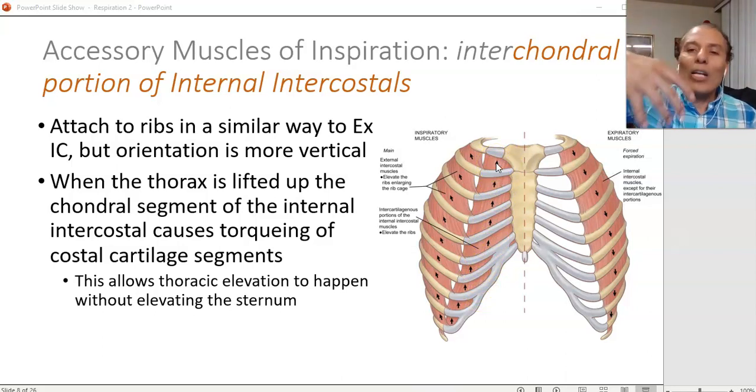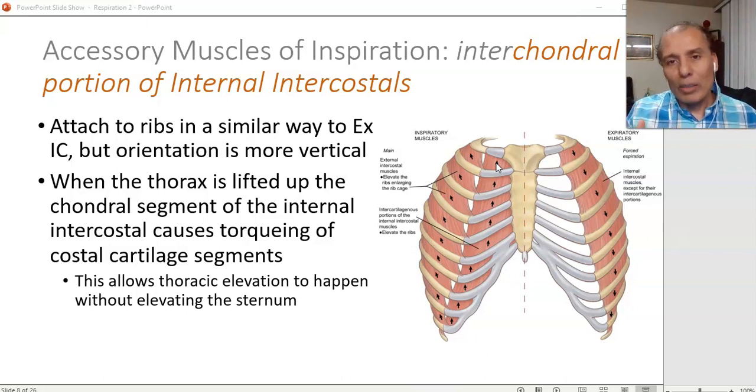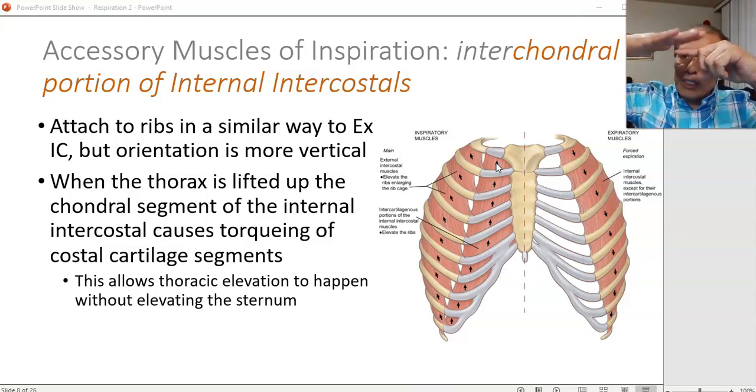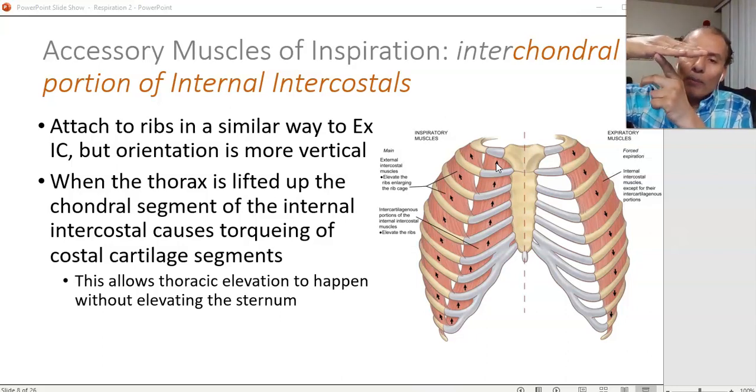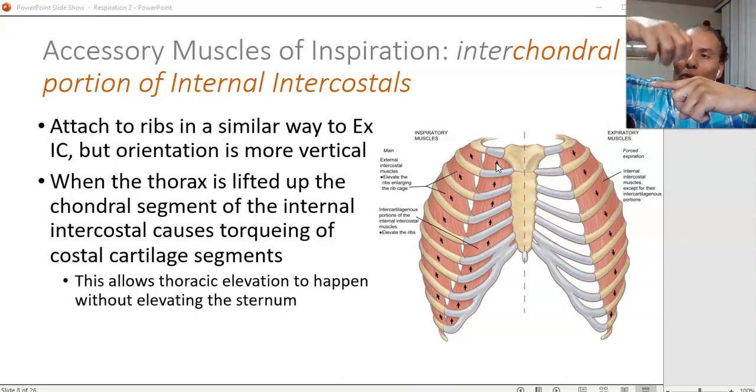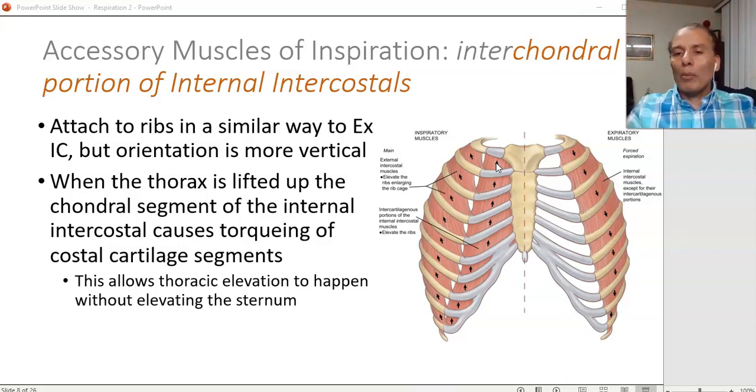When you see that, without even having anyone explain to you, it means the origin of this set of muscles is on the inferior margin of a rib, and they insert onto the superior margin of the rib that is below it. So when you contract, you pull the ribs up.